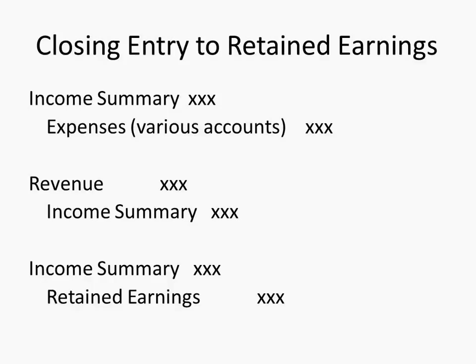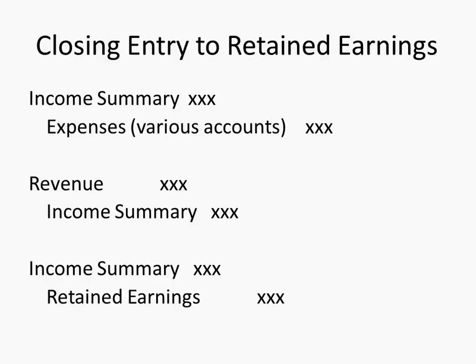Credit balance. So to close them to 0, you have to debit them, and credit income summary. So now income summary has a big credit for revenues and a big debit for expenses. That would give you your net income or loss. Income summary closes out to retained earnings. This journal entry assumes that income summary is containing net income and not a loss. If it was a loss, then it would be reversed, exactly.